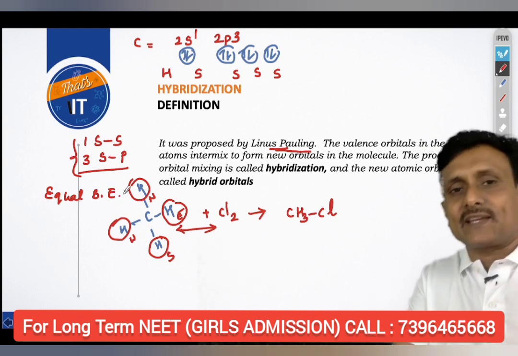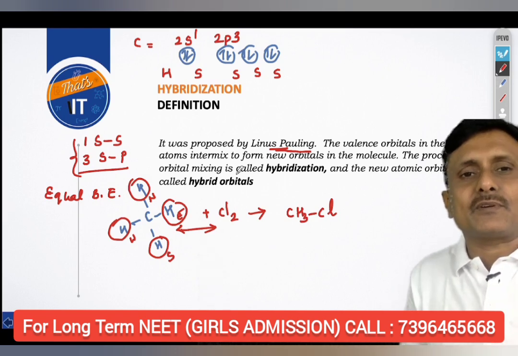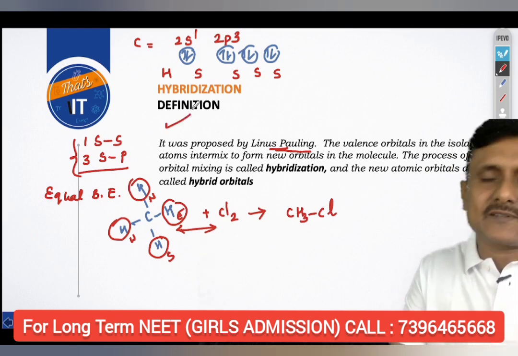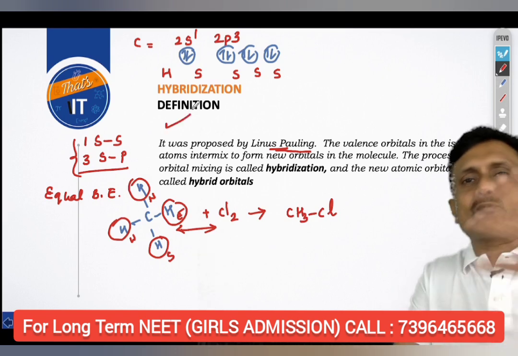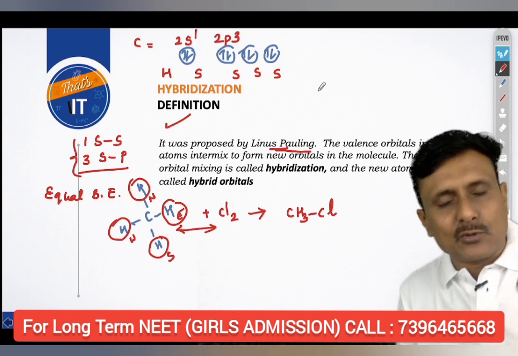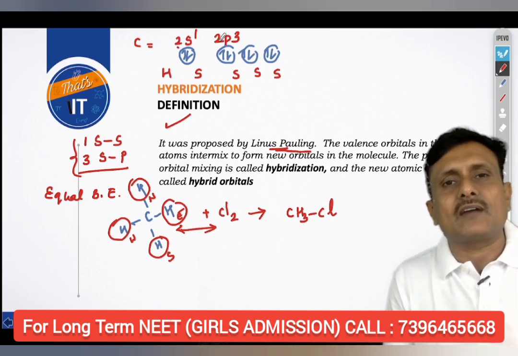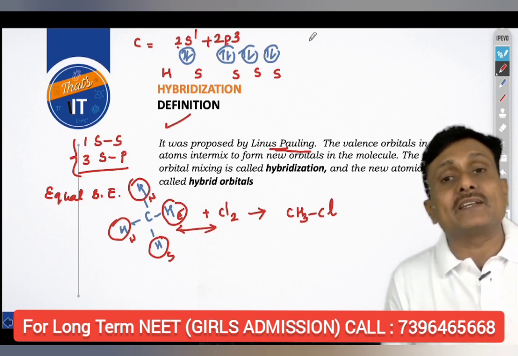To explain how all the carbon-hydrogen bonds are equal, the concept of hybridization was introduced. Here, while the hydrogen atom is approaching the carbon, the s orbital and the three p orbitals mix up with each other.